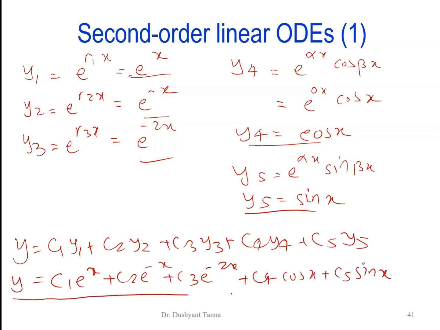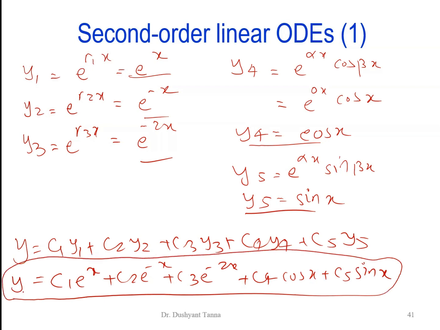That's my yh, homogeneous. We can extend this a lot, but for now, we are only sticking to second order linear ODE, so we are not extending it a lot, but you can by all means.